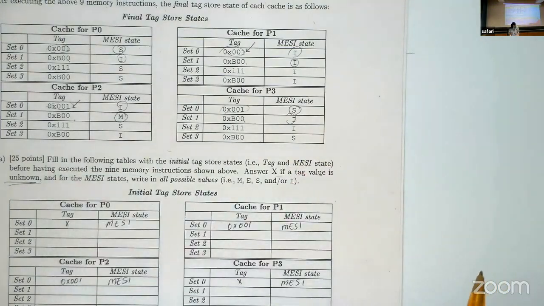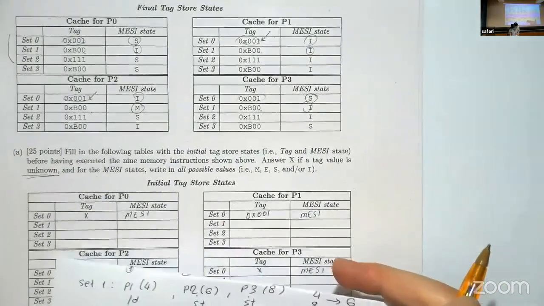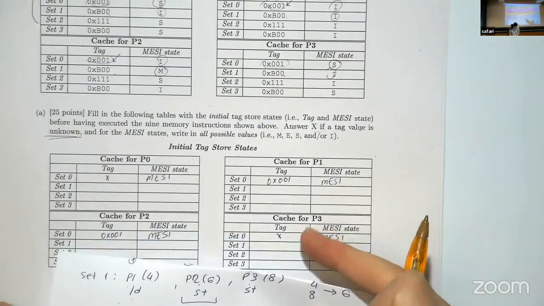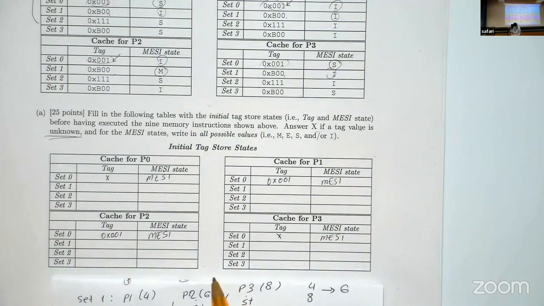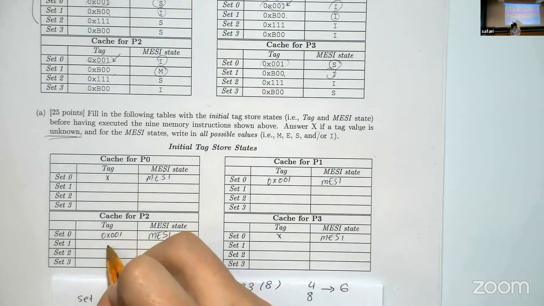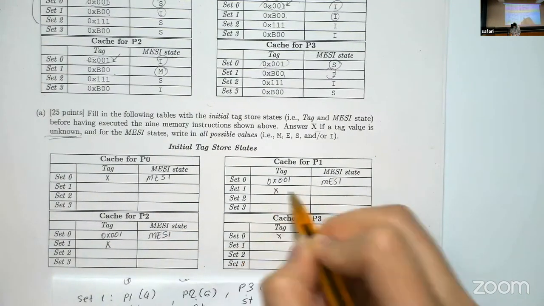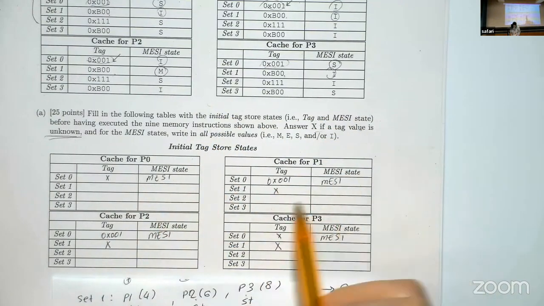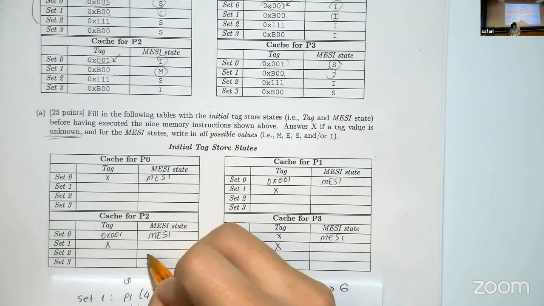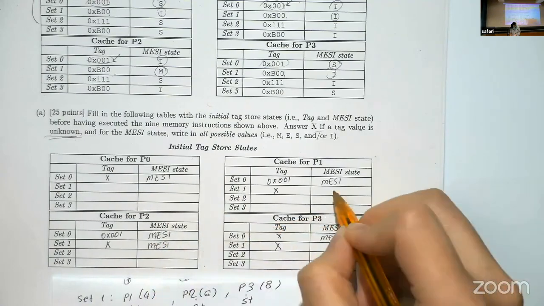So what we will do is fill out their tag fields. Except for P0, we know that these tags could be anything. And similar to what we showed for set 0, their states could be anything again.